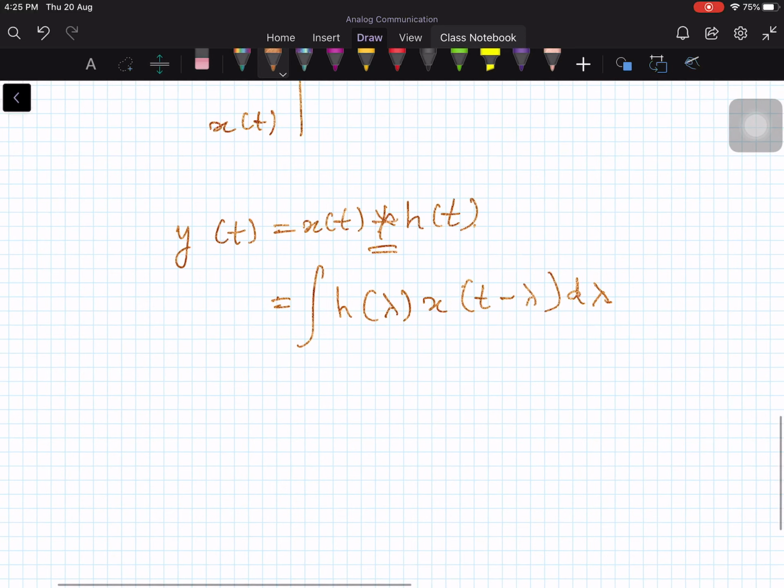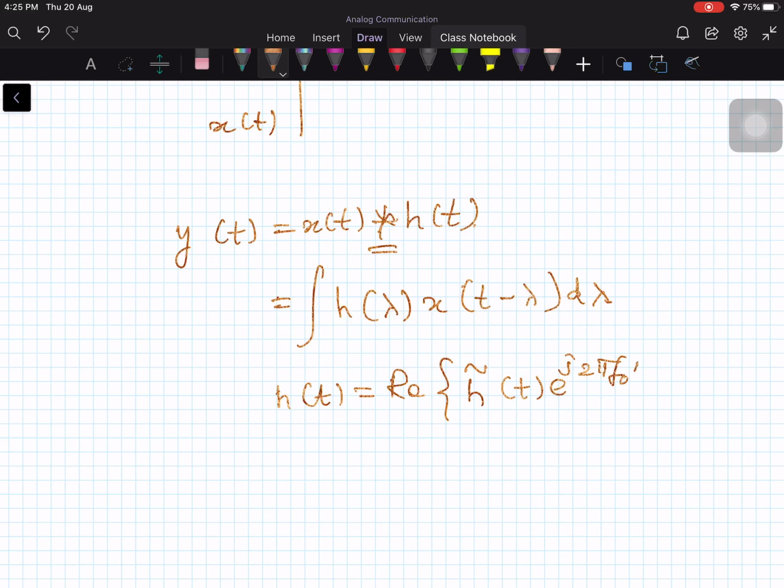Now what is h of t? h of t is equal to the real part of h tilde of t e to the j2 pi f naught t, and x of t is equal to the real part of x tilde of t times e to the j2 pi f naught t. Substitute these two here in this expression.